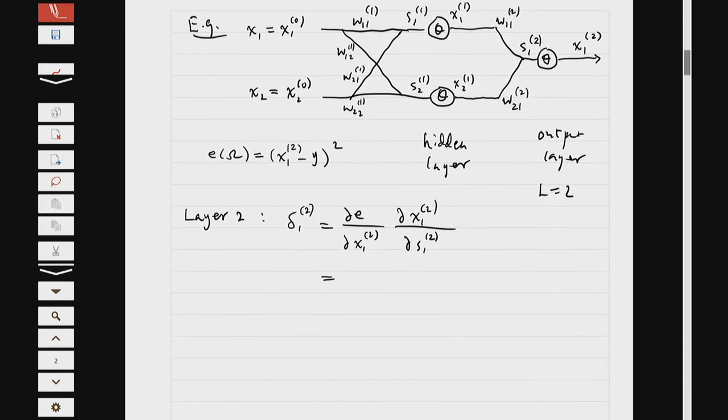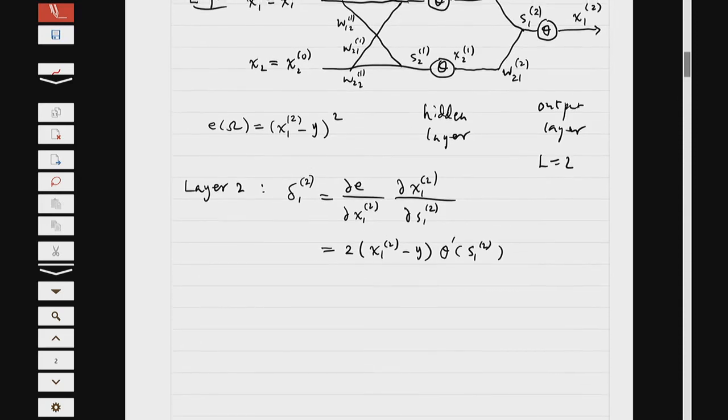In that case, this partial derivative is simple. It's simply 2 times x1 of 2 minus y. And then the next one, we already know this will be sigma theta prime of s1 of 2. In fact, we've seen an example like this last time already. So once you calculate this delta, then we plug into the formula we derived already.